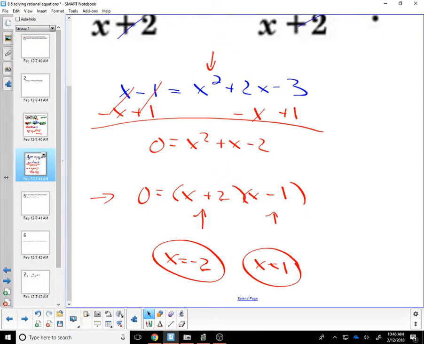This piece? No, not this piece? So factored this out, and then I divided the x minus 1.